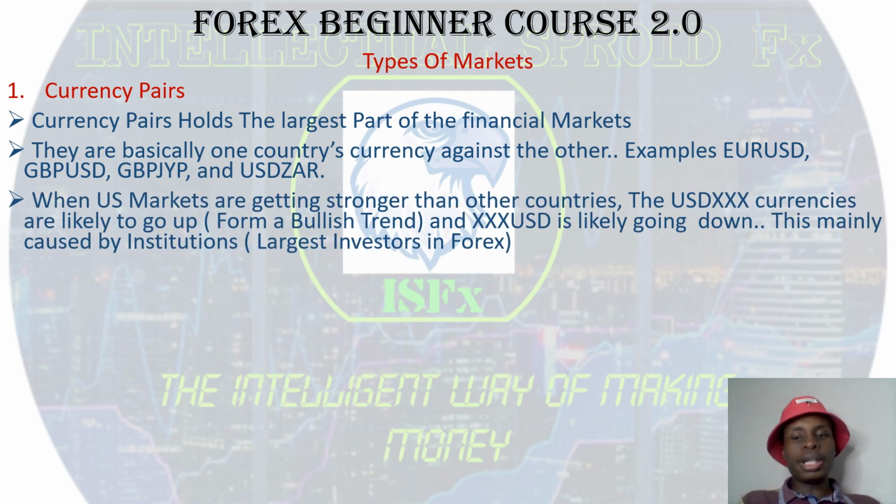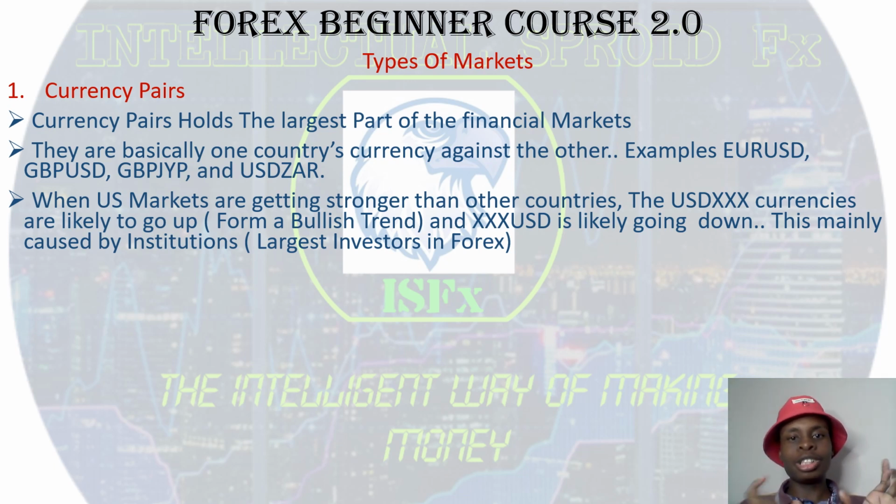And then when the US market is getting stronger than the other country, this is actually the story I was telling you. When the US market is getting stronger than the other currency, the US dollar against that currency is likely to go up.